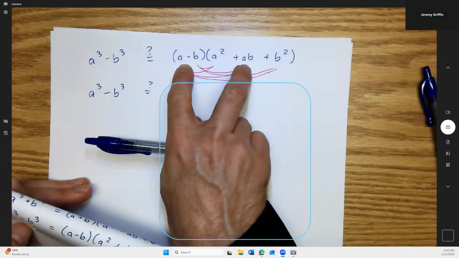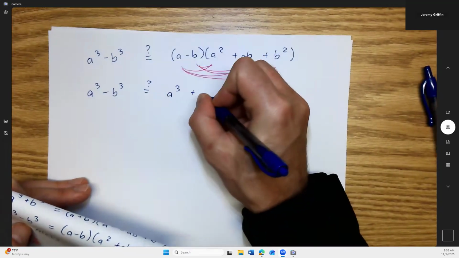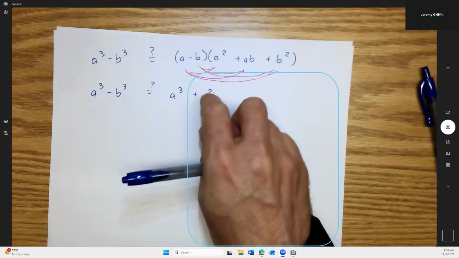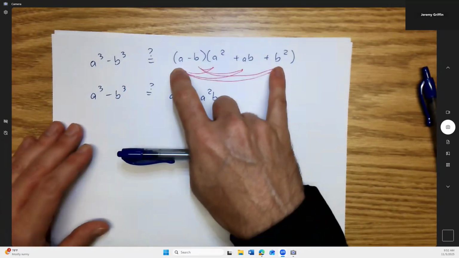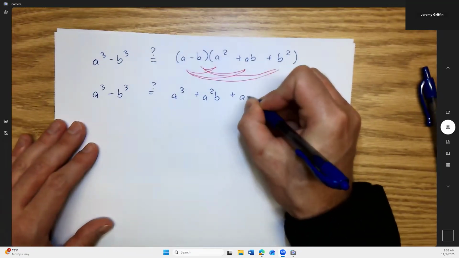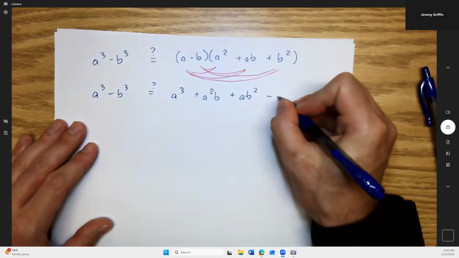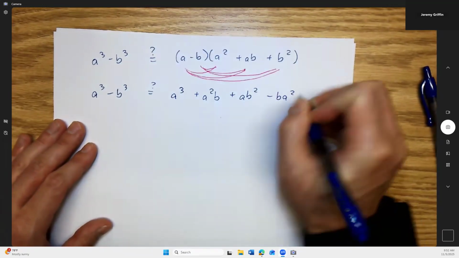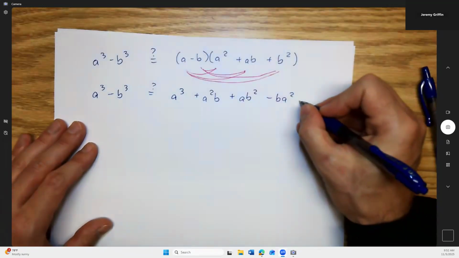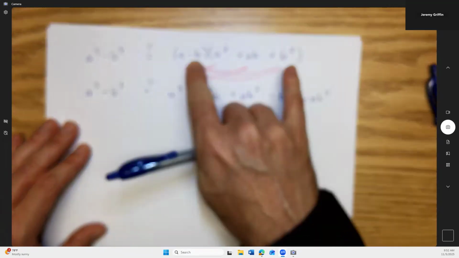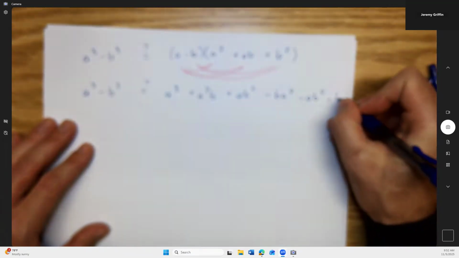Then A times AB is A squared B. Then A times B squared is AB squared. Then negative B times A squared, then negative B times AB, that's minus AB squared. And then negative B times B squared is minus B to the power 3.